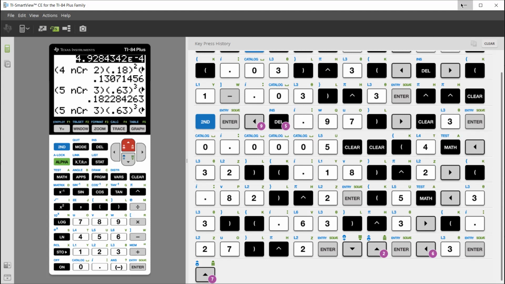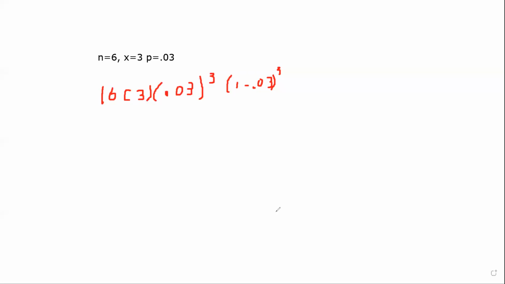Let me do this first and let me share screen. So for number 3, for 3A, we know that N is 8 people.